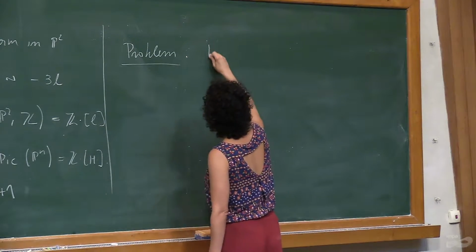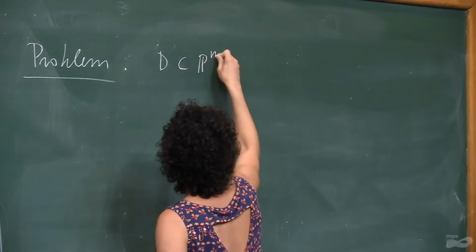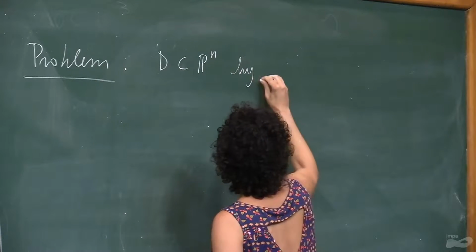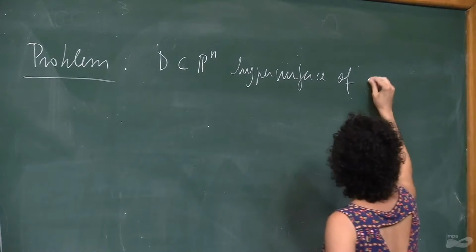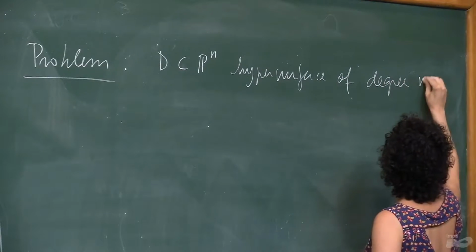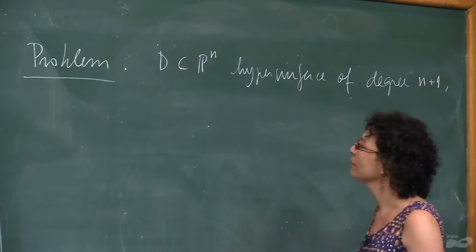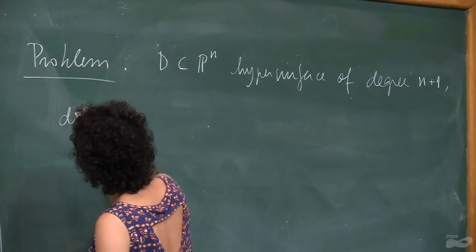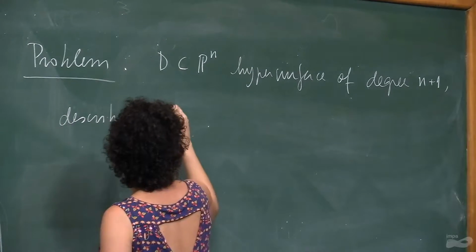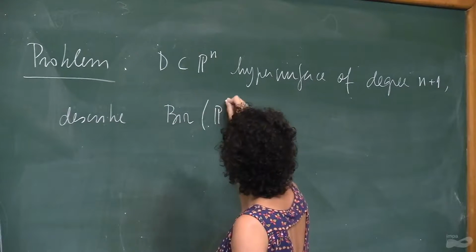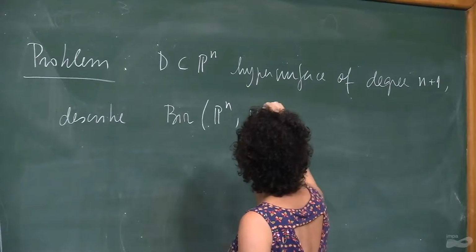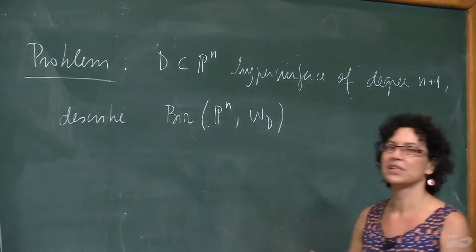If we start with D in Pn, a hypersurface of degree n plus 1, we want to describe the subgroup of the Cremona group of Pn that preserves this meromorphic form.